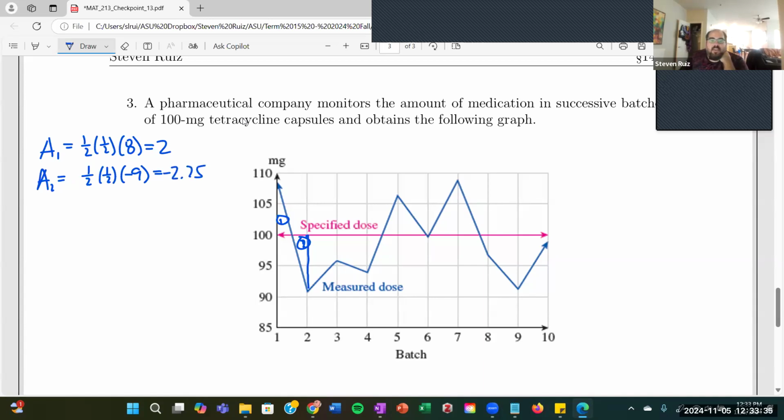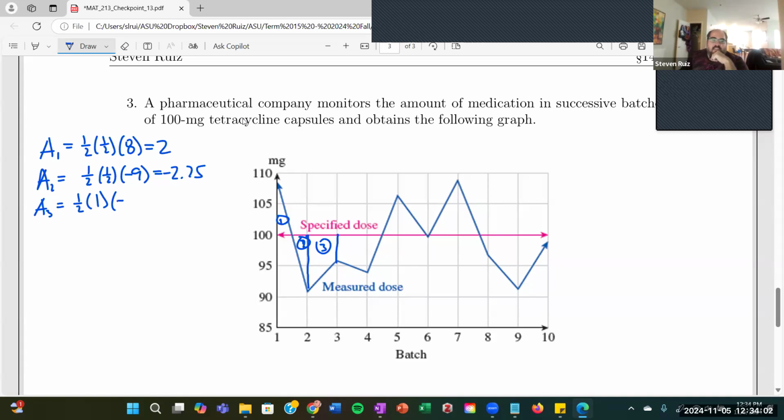All right, now we have area 3. That's a trapezoid. How do we find the area of trapezoids? That is 1/2 times the base times height 1 plus height 2.